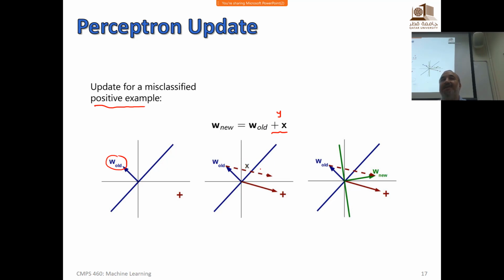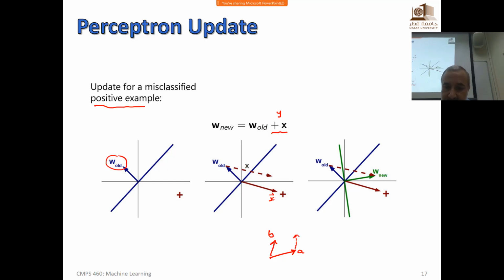Now let's see what does that mean. We have the W old, which is the original weight vector, and this is X, right? Now, how do we do the addition of vectors? If I have a vector like that, A, and I have another vector like that, B, what will be A plus B? Yeah, at the end of that vector, we add another one that is parallel to B, right?